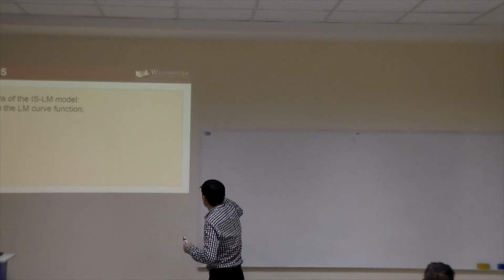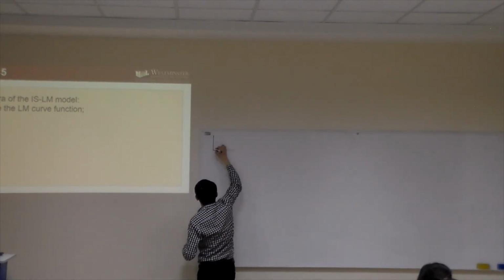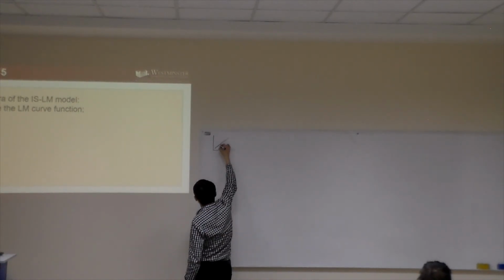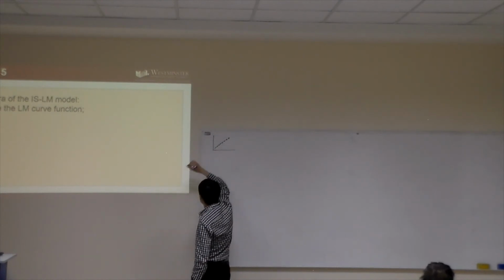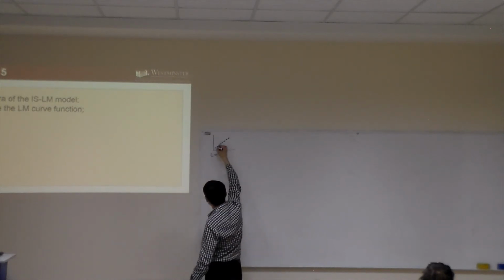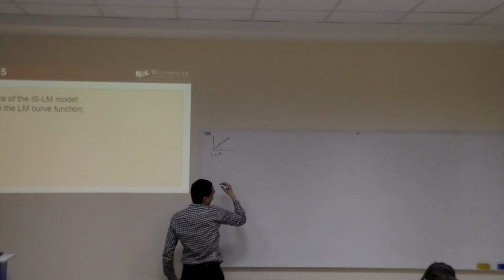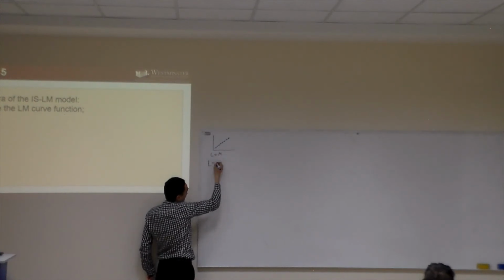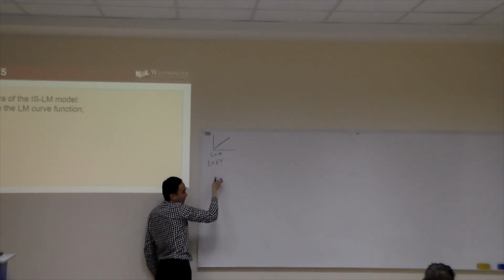LM curve function. What does that LM curve represent? All equilibrium points in the money market, where money demand is equal to money supply. Money demand depends on income: high income, more demand for money.